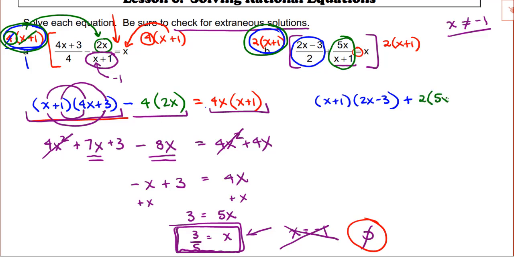Good. And then in the purple, who's gone? Nobody. Who's left? 2x, the 2, the x, and the x plus 1. Now, I'm going to have you start here and solve it on your own.